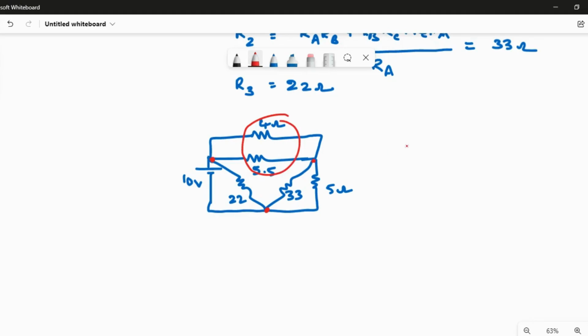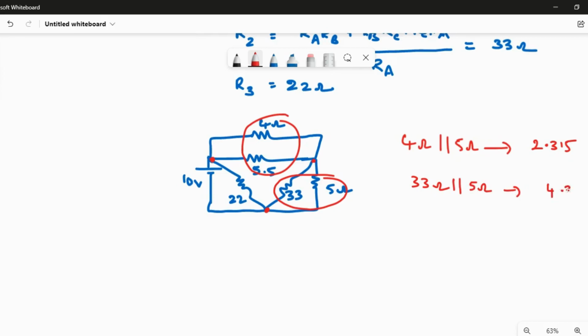So 4 ohm and 5 ohm are in parallel. The parallel combination is 4 into 5 by 4 plus 5, that will be equal to 2.315. Next, here these two resistors, 33 and 5, are also in parallel. So 33 into 5 by 33 plus 5 will be equal to 4.342 ohm.